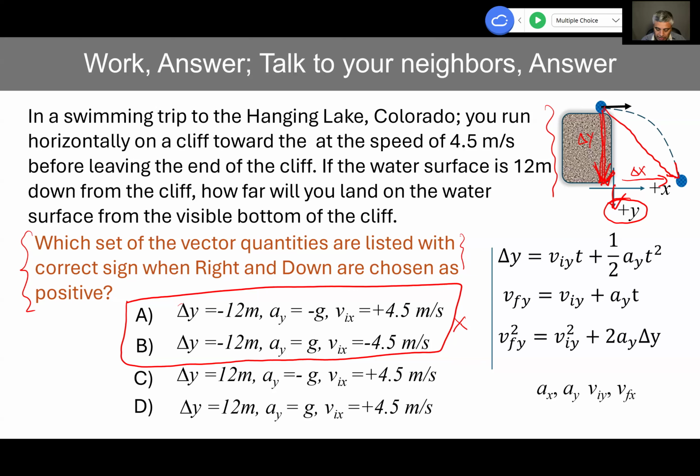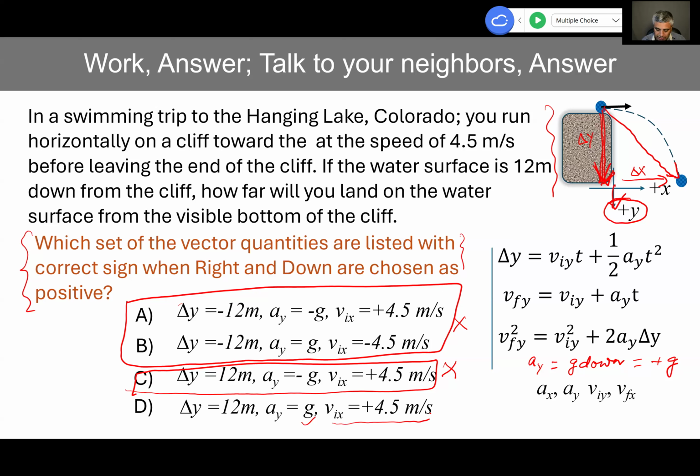Okay, great. Now after that, it talks about acceleration in the y direction. What do we know about acceleration in the y direction? Always g down. In this case, down is positive, so that means it is positive g. So that's why this is not the correct response. So only one is remaining. It has no sign, which also means positive sign.